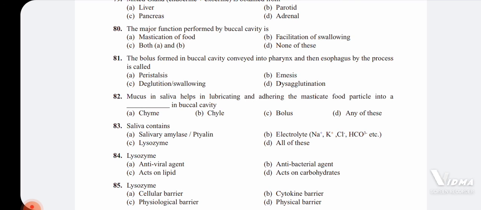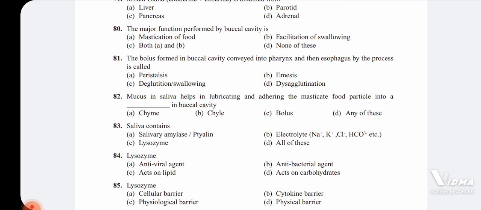The bolus means the masticated food particles which get adhered together with the help of the mucus present in the saliva. When they get adhered together, that formation we call bolus. That bolus is going to enter first from buccal cavity to the pharynx, from pharynx to the esophagus. So that process is called deglutition, or it is also called swallowing.